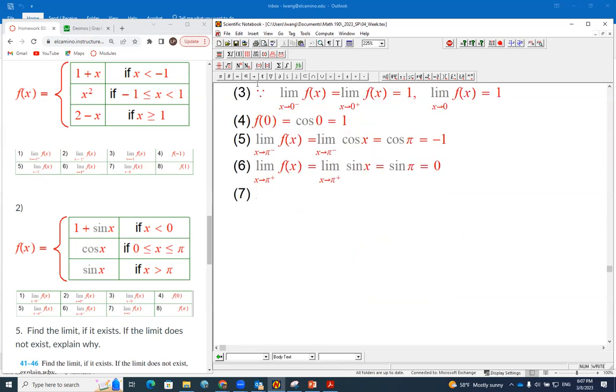Then you can also say, because this two limits are not the same, then we say the limit as x approaches pi of f of x does not exist.